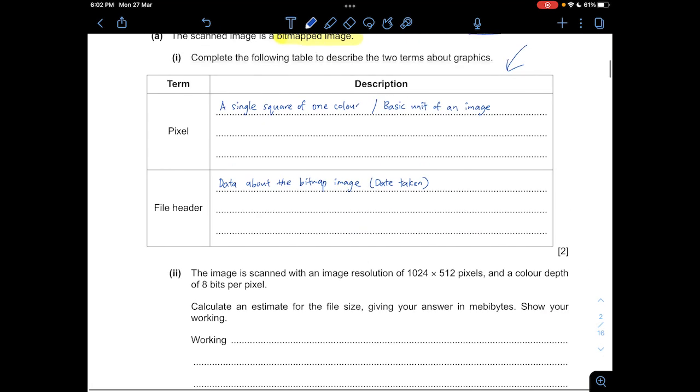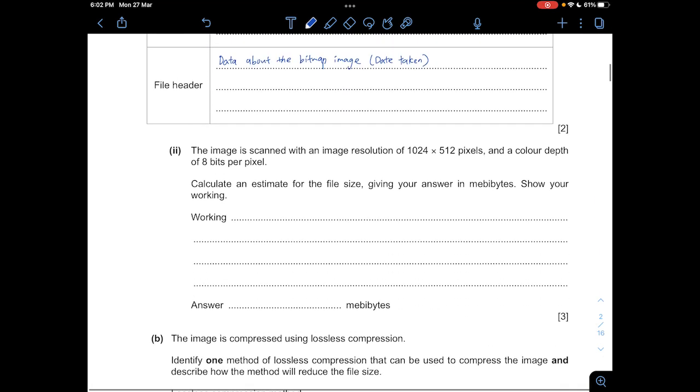Okay, so now we move on to the second question, which is: the image is scanned with an image resolution of 1024 by 512 pixels and a color depth of 8 bits per pixel. So how to calculate this in mebibytes? Now many people will be confused between mebibytes and megabytes, but actually there's a very distinct difference. Now mebibytes is calculated with base 2.